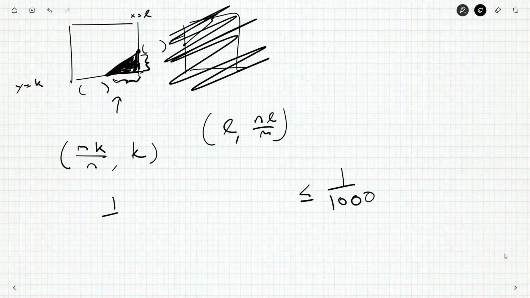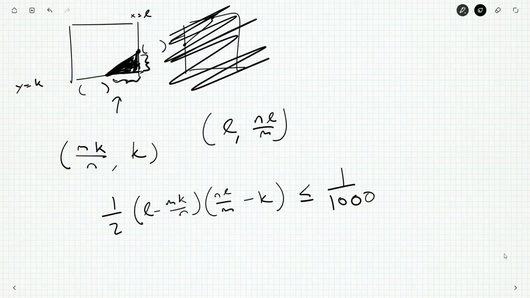So what is it? 1/2 base times height. So L, mk over n, nL over m minus k.